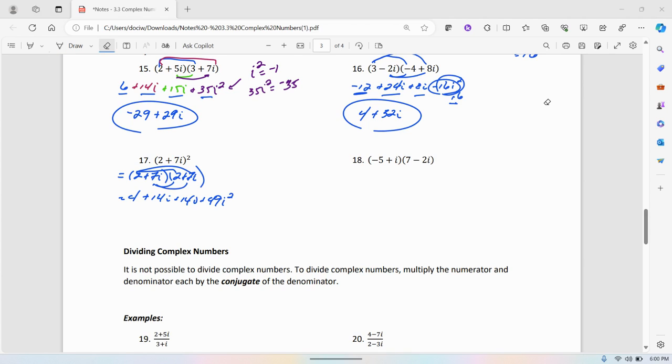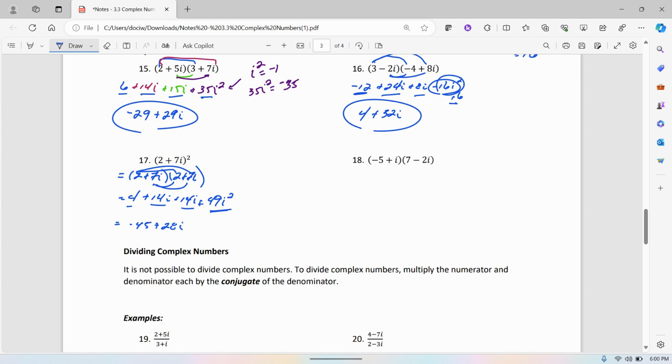I'm going to make this I look more like an I than a curl. Okay. So 49i squared is a negative 49. 4 minus 49 is negative 45. 14i plus 14i is 28i.